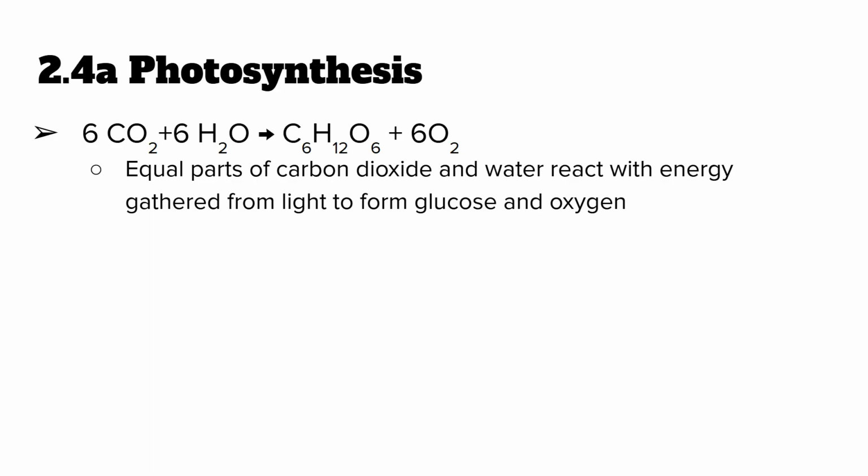Add some energy from sunlight, and the plant can produce sugar in the form of glucose, C6H12O6. The byproduct is oxygen. So 6 moles of oxygen are released.